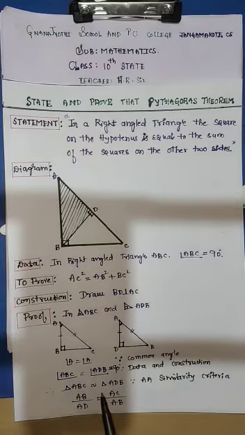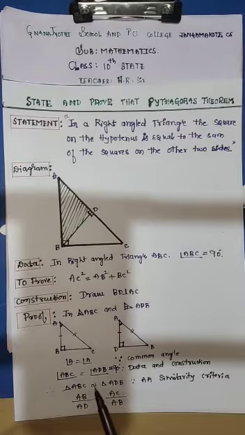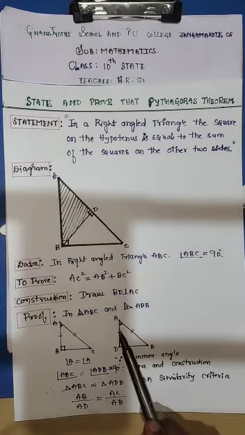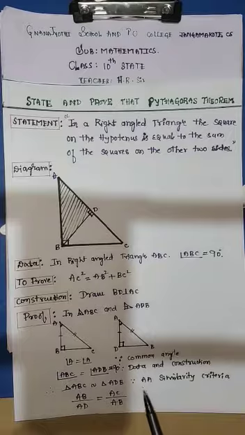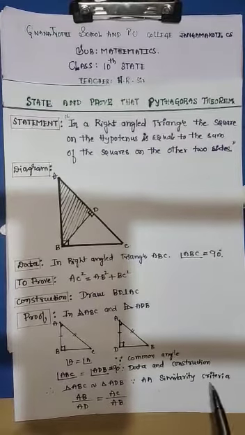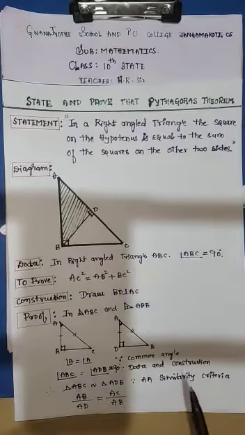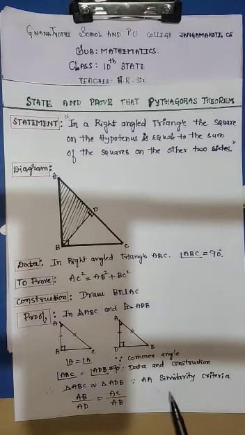So triangle ABC corresponds to triangle ADB by the angle similarity criterion. The angle similarity criterion states that if all the angles of one triangle are equal to the corresponding angles of another triangle, then they are similar, right?